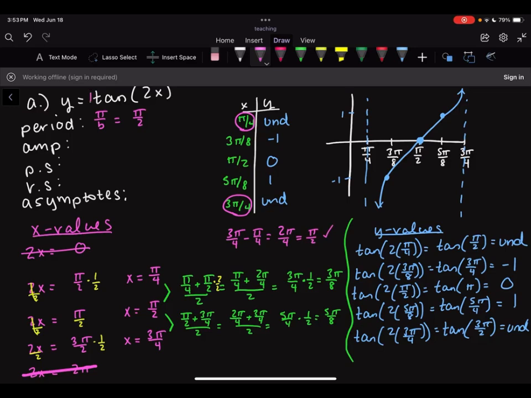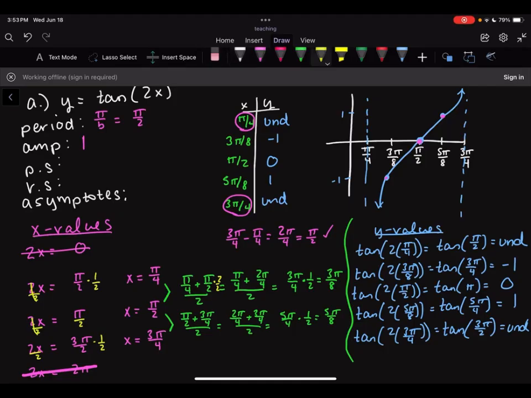Amplitude is this number in the front, so that's just going to be 1. Also, you'll notice that from the middle I went to 1 and -1, -1 and then 1? That's the amplitude doing that.